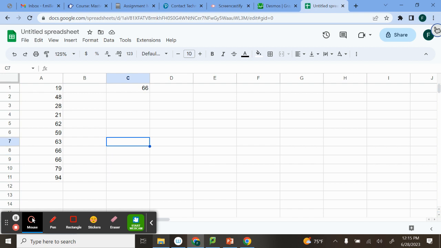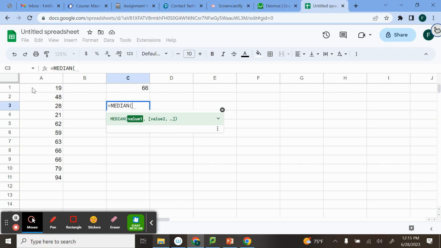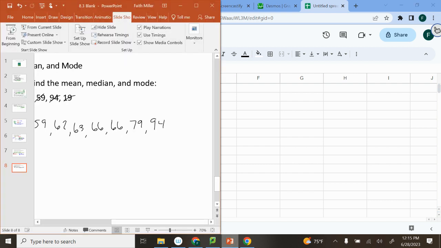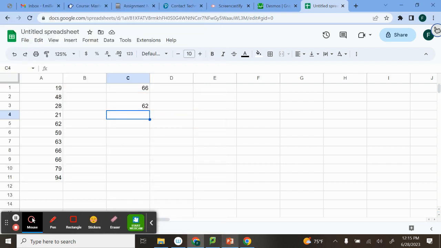Google Sheets can also do median. So equals and then median, and then just drag your data down and we get 62. I don't know why I typed those in backwards.